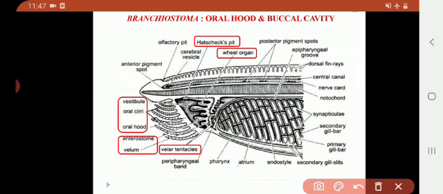Okay, now the next one is the wheel organ, or the velum. I hope you can locate the wheel organ. This part here is the velum.